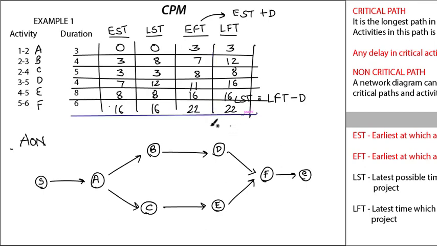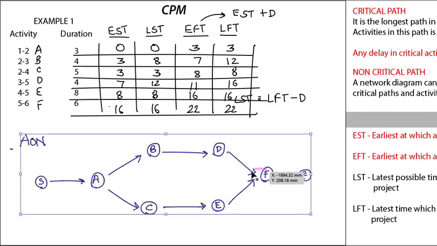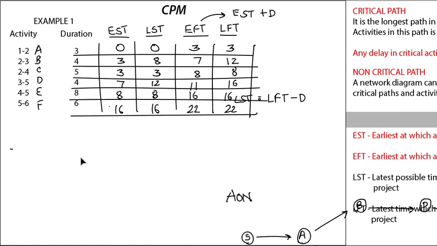Let me just put this back, wait a second. So there will be earliest start time, and earliest finish time is earliest start time plus the duration. Then comes latest start time and latest finish time.